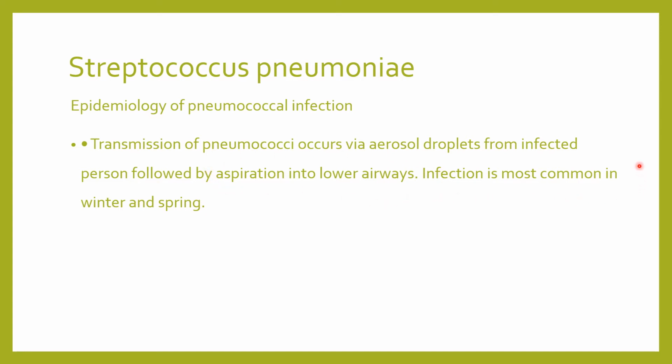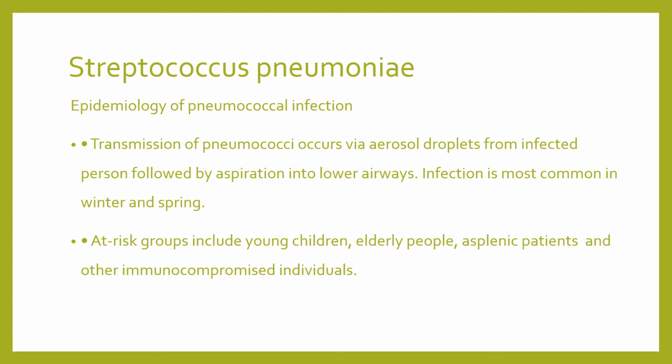In temperate areas of the world with four seasons, infection is most common in winter and spring. Who are the at-risk groups? Very young children, the elderly, those who have no functioning spleen for whatever reason, and immunocompromised individuals, those who are on steroids, those who have cancers, those who have HIV. All of those children and people are at risk.